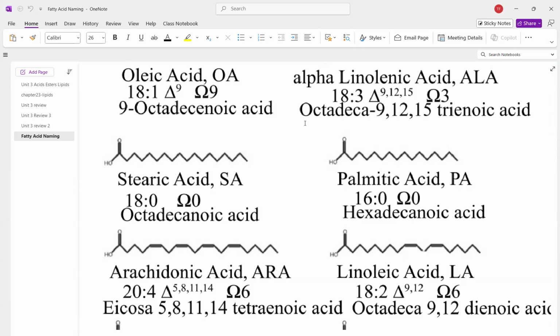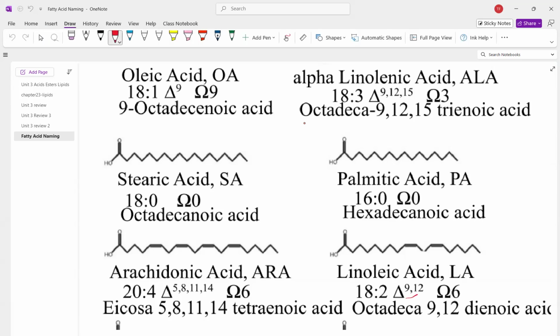Now, the way biochemists label these acids, other than calling it octadecanoic acid, they use this delta symbol if there's a double bond.